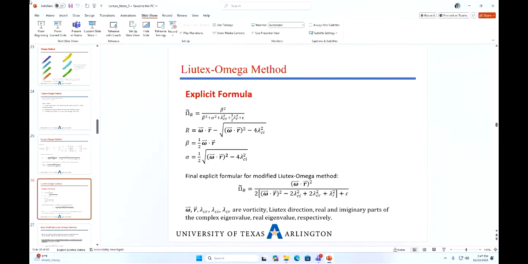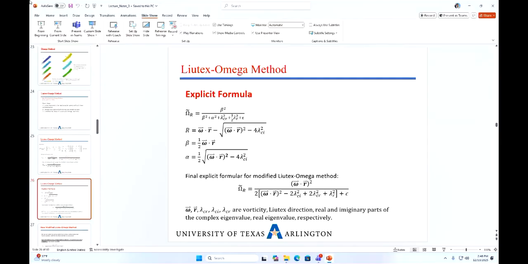Very little, not much, just like say 0.5 or 0.52, it's always like that. As I heard, a number of researchers use this formula for vortex identification because they don't need to adjust it.